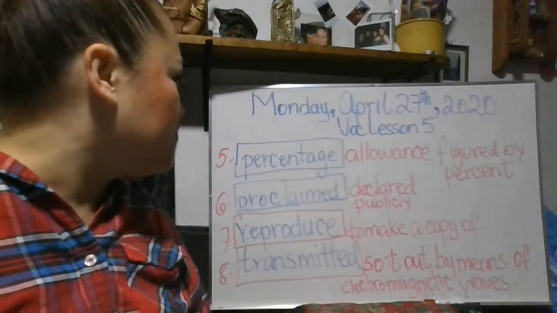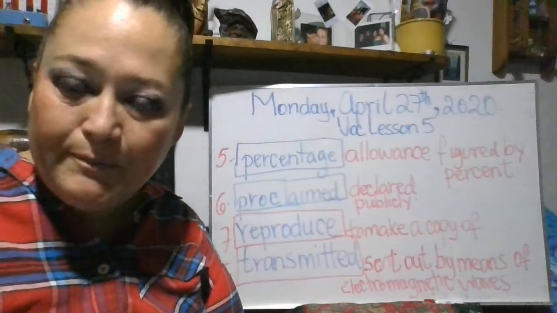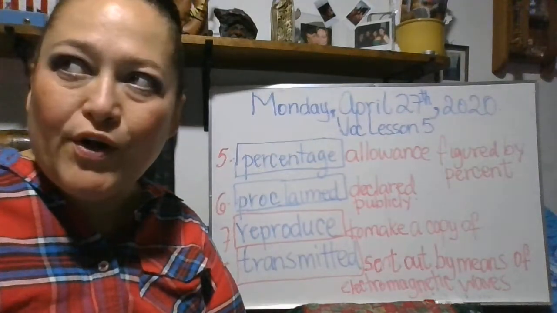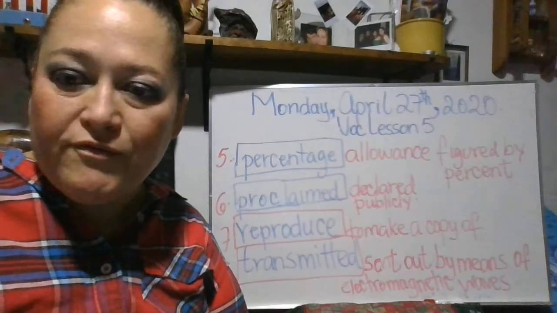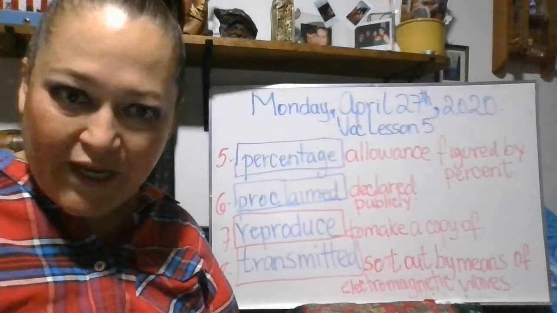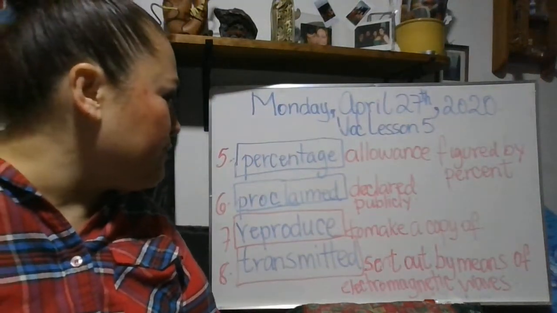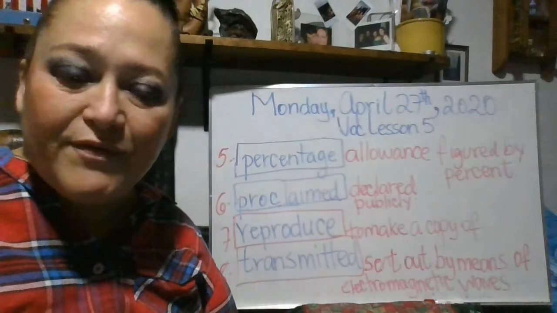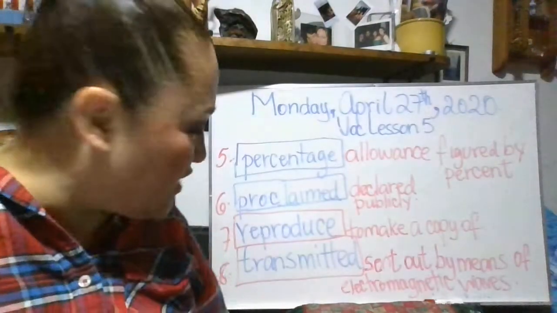That is to proclaim. Okay? Maybe, for example, you're gonna go on a very long trip with your family and you want to proclaim the announcement. Okay? Next one, to reproduce, to make a copy of, so everybody knows what reproduce is.